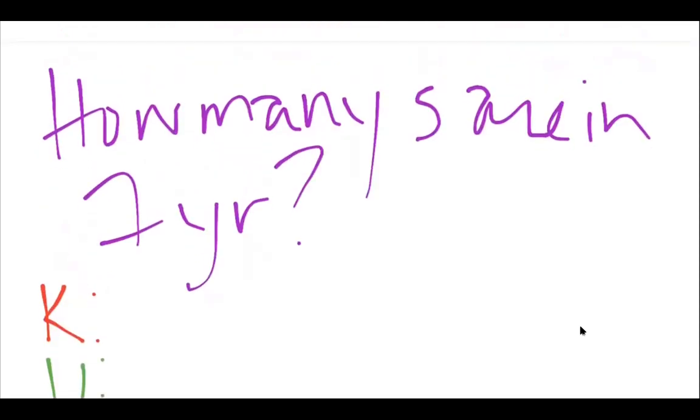So looking at this question, what do you guys think the known is going to be? 1 year. Here it is right here. Remember, the known will always have a number and units. So I'm going to write 1 year here for my known.